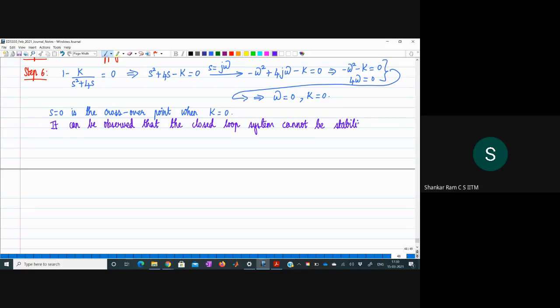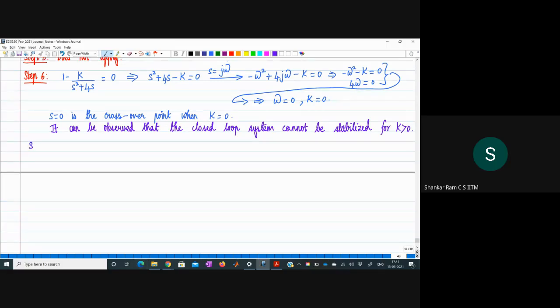Let me explain. It cannot be stabilized for any k greater than 0. That's the sub-condition. So coming to your question, the point is, if you are given the system with positive feedback and k greater than 0, it cannot be stabilized. So let us now look at the closed loop characteristic equation.